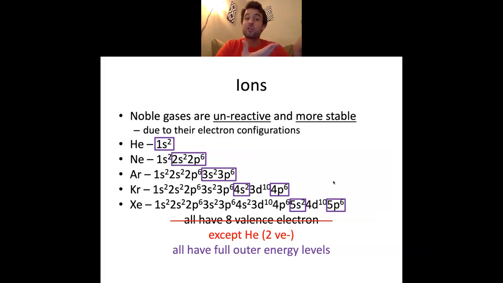That's not 100% true because helium's weird, but it is 100% true that all noble gases have full outer energy levels. Full outer energy levels mean they don't want to add any electrons or get rid of any electrons, so they're stable and unreactive. All ions kind of want to become that way. And when they become that way, they get these charges, which forces them to attract to each other. That's how ions work.